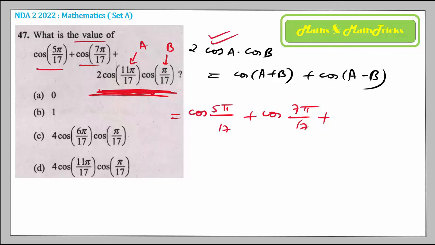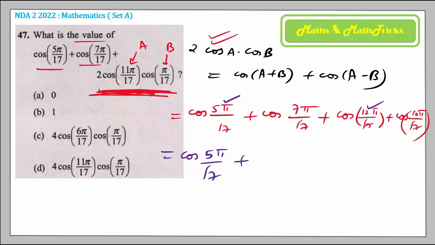So it will become cos of A plus B, 11 plus 1, 12 pi by 17. Okay, then plus cos of A minus B, that is 11 minus 1, 10 pi by 17. Now you see that there is a connection between 5 pi by 17 and 12 pi by 17. So I am writing the first and second terms as they are.